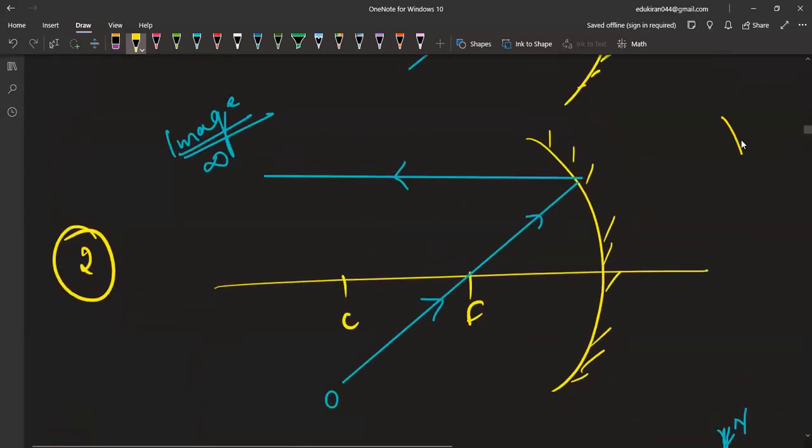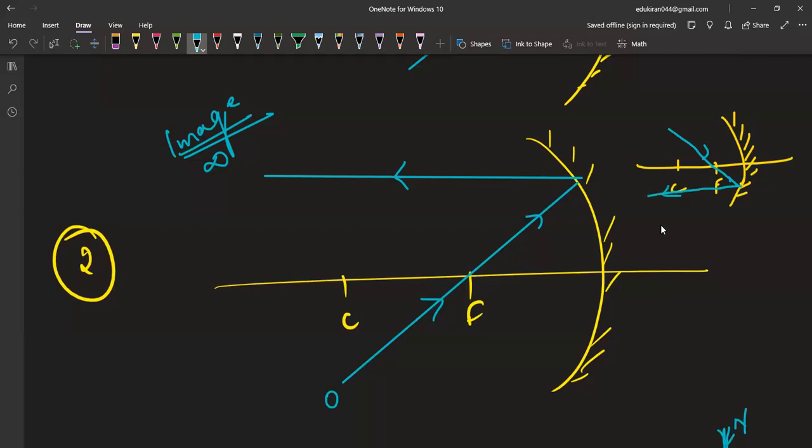Suppose this is the center of curvature and this is the focus. It can also happen that the ray of light is coming from the focus like this, and here it is becoming parallel. So do not just remember and learn it like this.